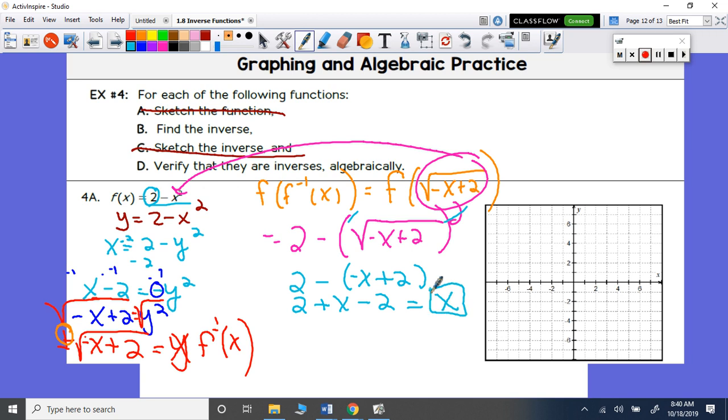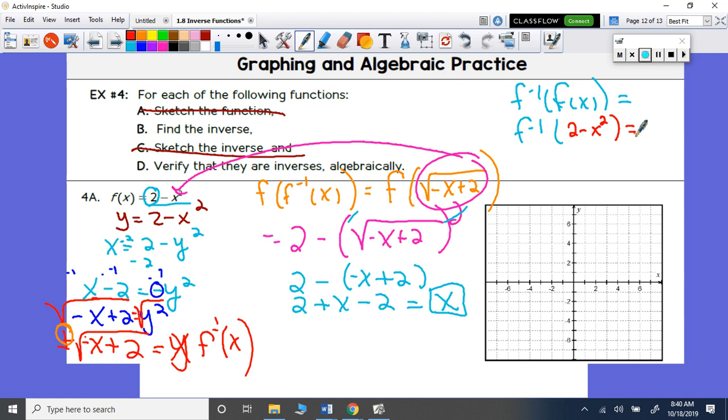And here's the thing. If one of these directions gets x, the other one is. And when we both compose and get x, we have a function proven inverses algebraically. So then, you're going to do it the other way. You're going to take your original function and plug it into your inverse. There's a lot of work here. That's why you're only doing the odds. But what this tells me to do is take my function, 2 minus x squared, and plug it in for my inverse.